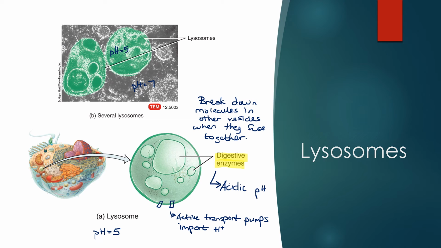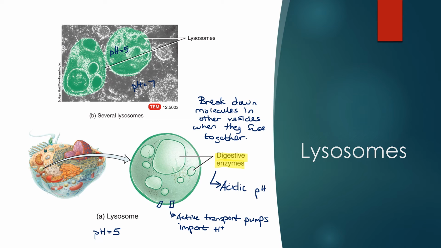So very, very acidic. Now, pretty much the lysosomes act like the trash bins of the cell. They are going to take in damaged or unneeded organelles, debris, or really any garbage that the cell has, and digest it completely.